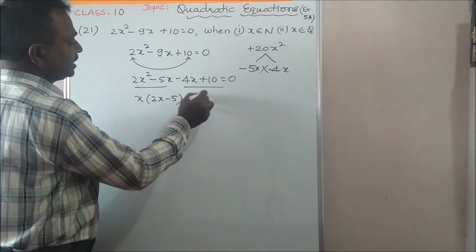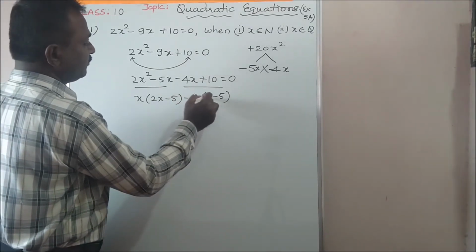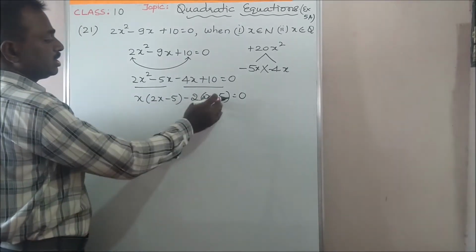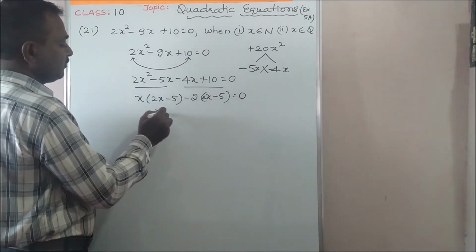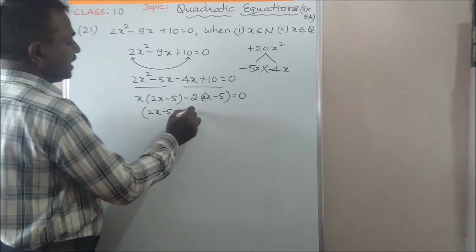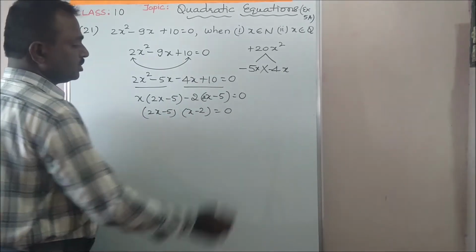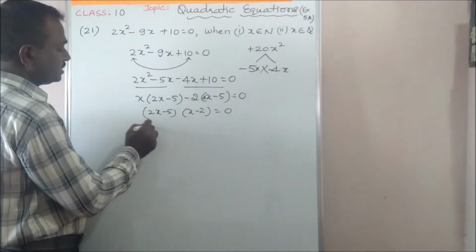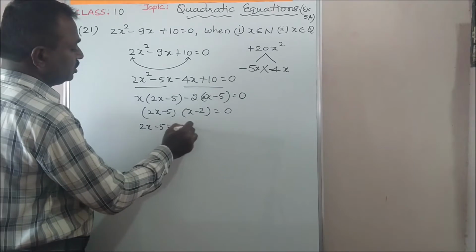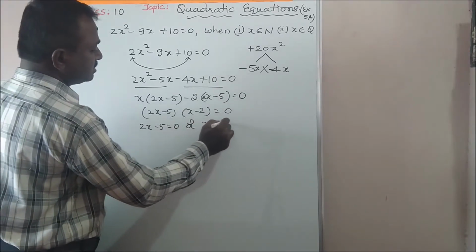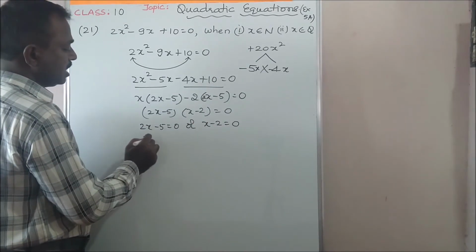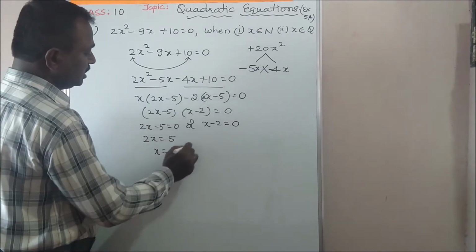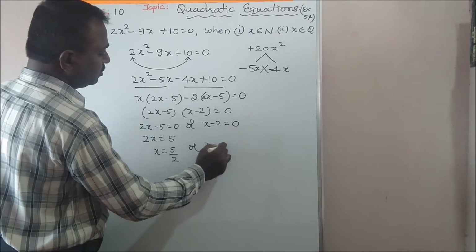Here also the common factor is −2: −2(2x − 5) = 0. So 2x − 5 is one factor and x − 2 is another factor, equal to 0. By the zero product rule, either 2x − 5 = 0 or x − 2 = 0, so x = 5/2 or x = 2.